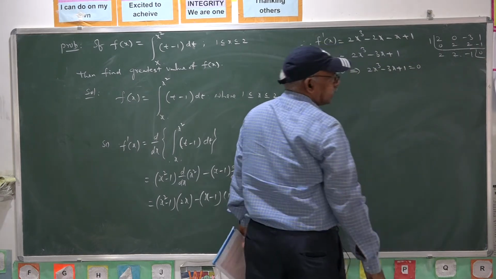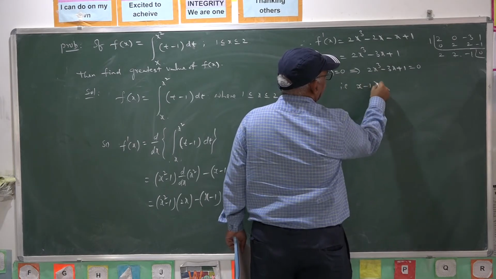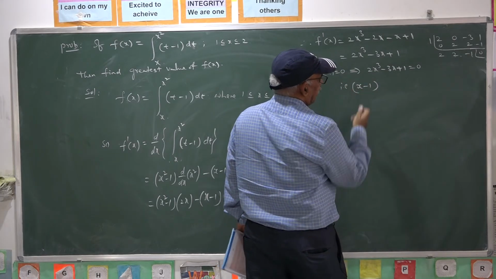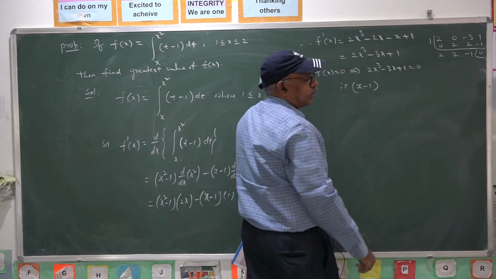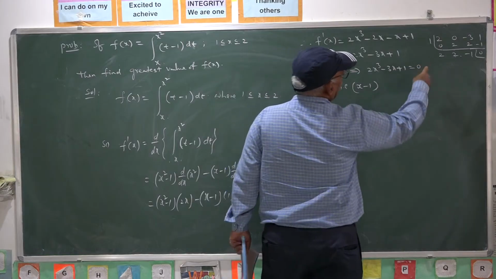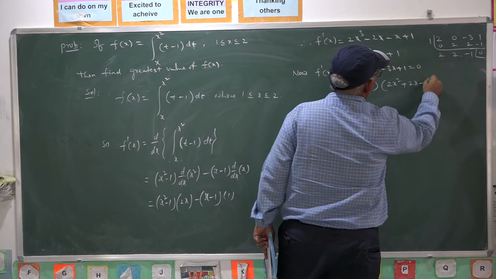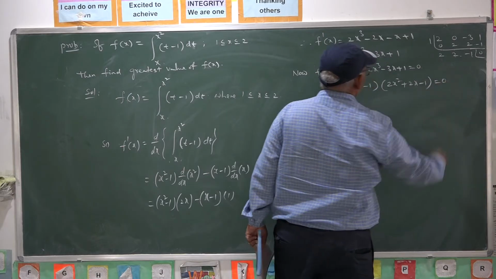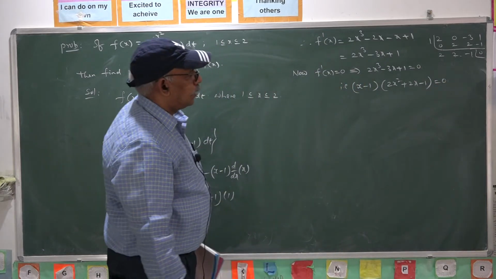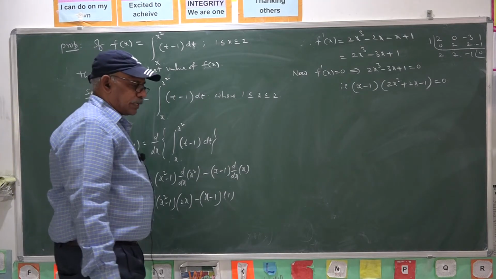So hence by synthetic division you can factorize this as x minus 1, because 1 satisfies that equation. Hence x minus 1 is a factor. The remaining factor is given by 2x square plus 2x minus 1, which is 0.